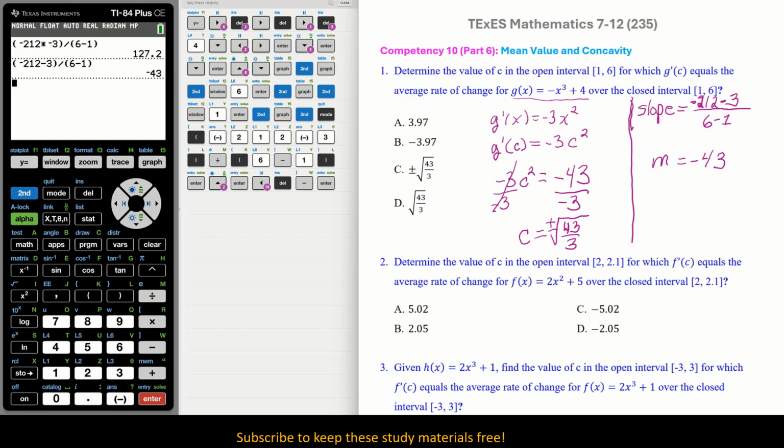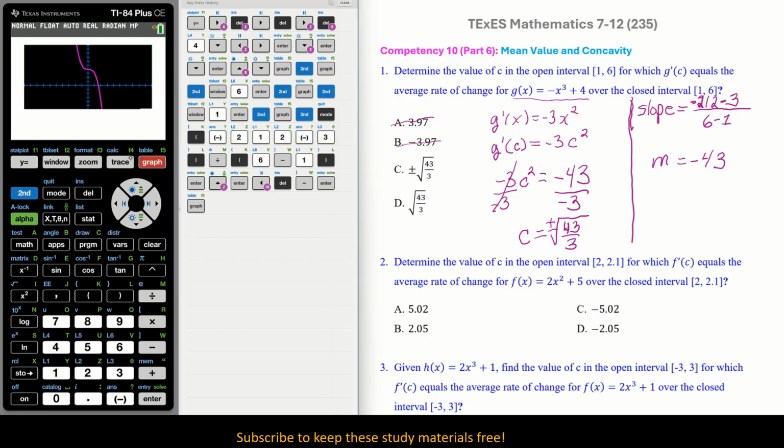Now our A, B, C, D options are trying to trip us up. Okay? All right. We know A and B won't work. Now we're stuck on C and D. So let's go look at our graph. Okay. Well, the honest truth is that we are only using the interval of 1 and 6.